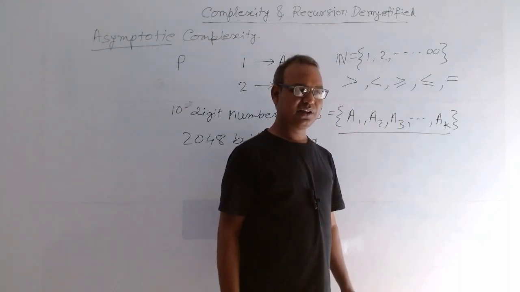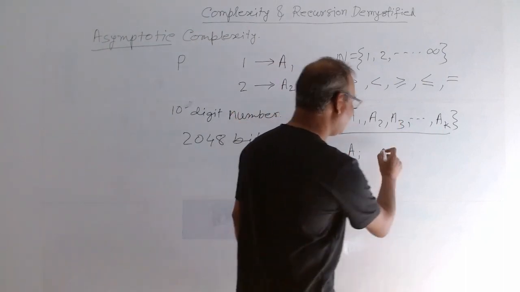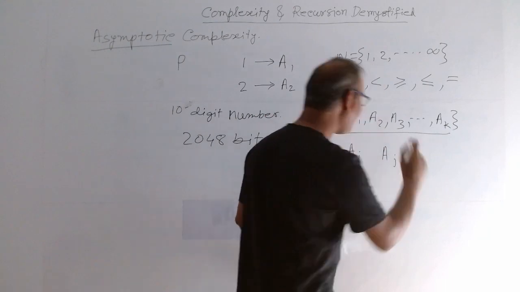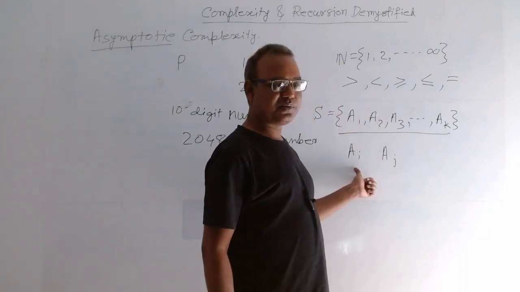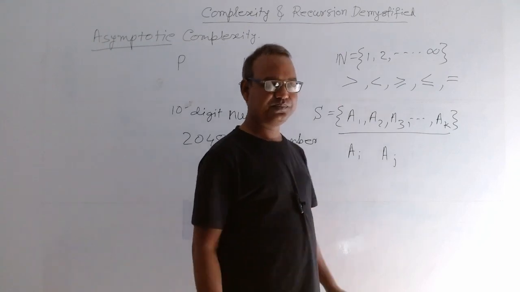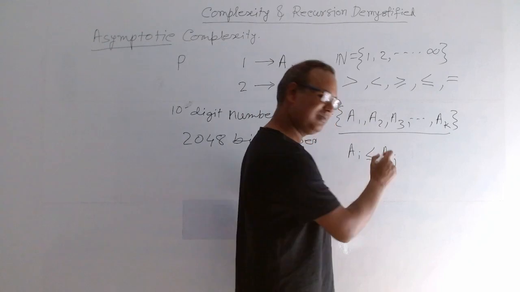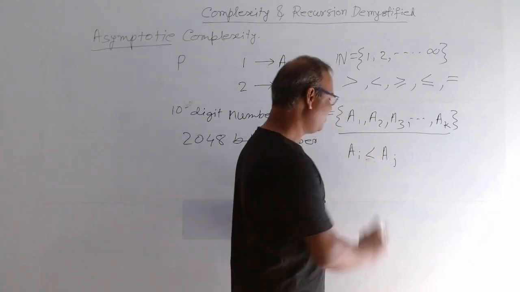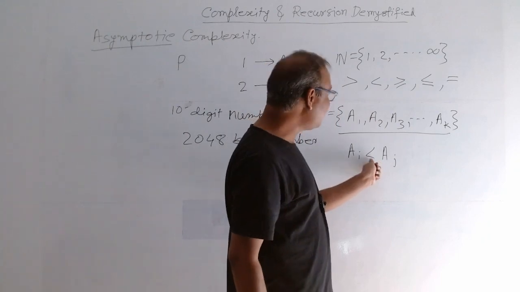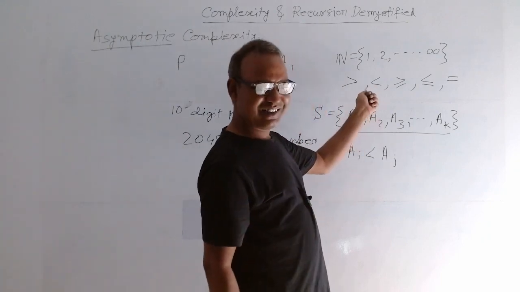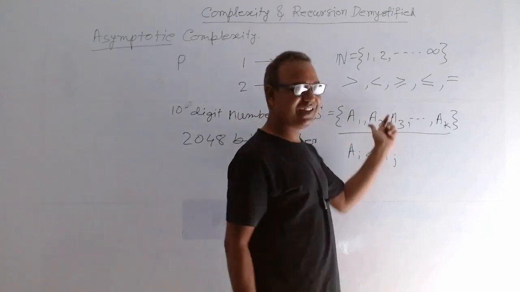So we have two algorithms, AI and AJ. Suppose for very large numbers, AI performs better than AJ. So we need some symbol. Should we use less than or equal to, or strictly less than? No, because these symbols have some meaning and are not devised to compare algorithms.